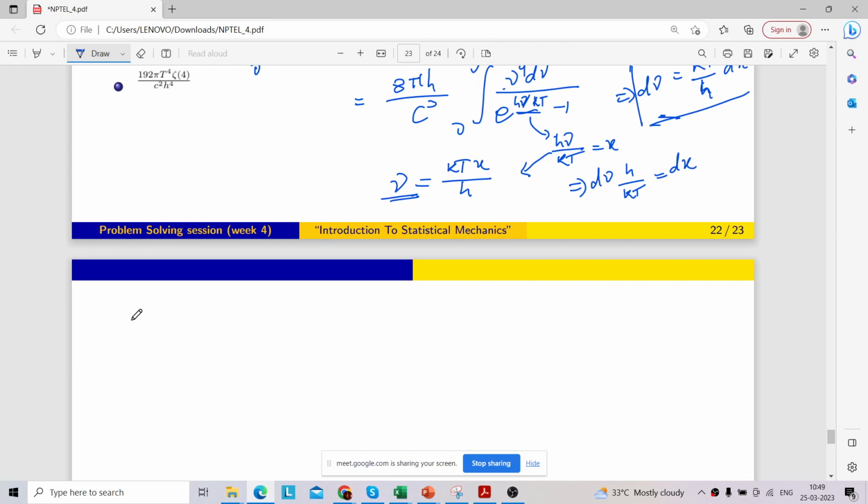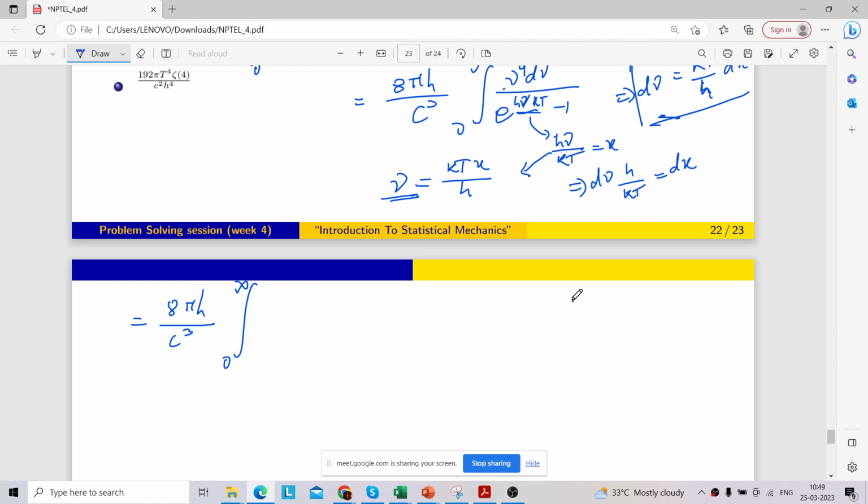So we have 8 pi h over c cube, then nu to the power 4, from 0 to infinity, and let's check the limits.